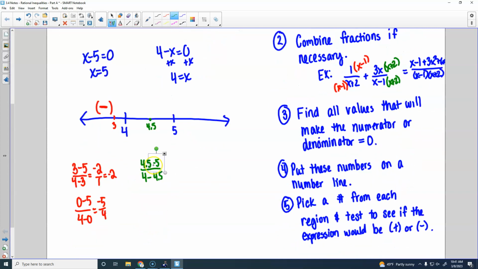And so when you do this, you will get negative 0.5 divided by negative 0.5. Negative divided by negative gives you a positive. In this case, positive 1, but we really don't care what the value is. We just need to know whether or not it is positive or negative. So if you had picked like 4.1 and you were getting something difficult to know the actual value, it doesn't matter, just as long as you know if it's positive or negative.